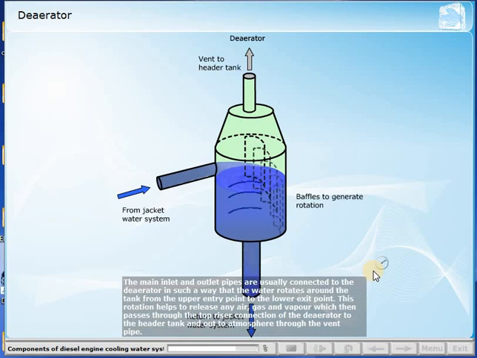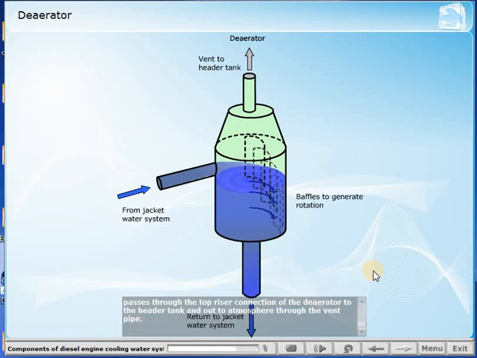The main inlet and outlet pipes are usually connected to the deaerator in such a way that the water rotates around the tank from the upper entry point to the lower exit point. This rotation helps to release any air, gas and vapour, which then passes through the top riser connection of the deaerator to the header tank and out to the atmosphere through the vent pipe.